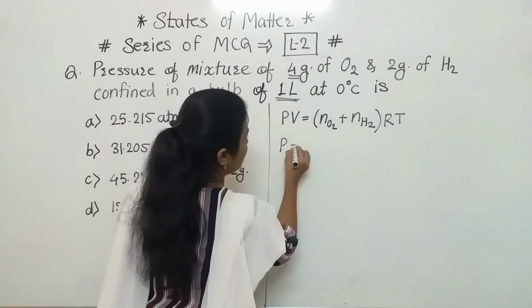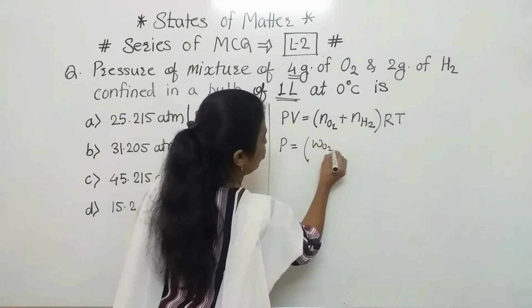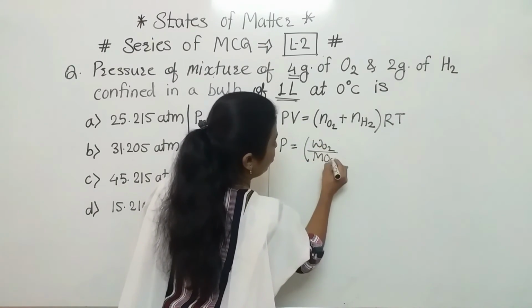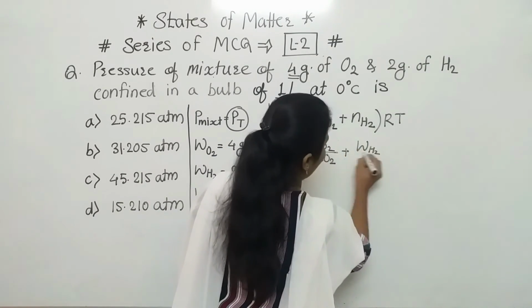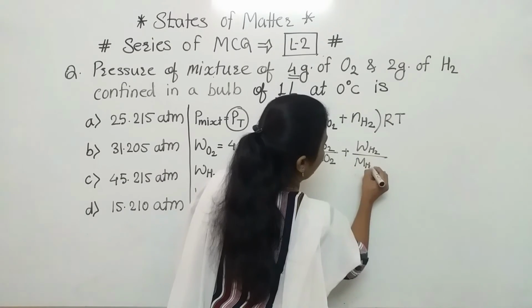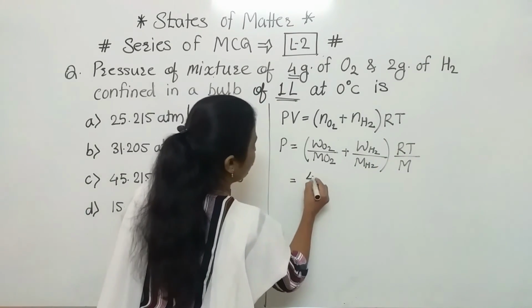So P is equal to number of moles of O2, means WO2 divided by MO2, plus nH2, means WH2 divided by MH2, into RT divided by V. O2 is 4 gram.